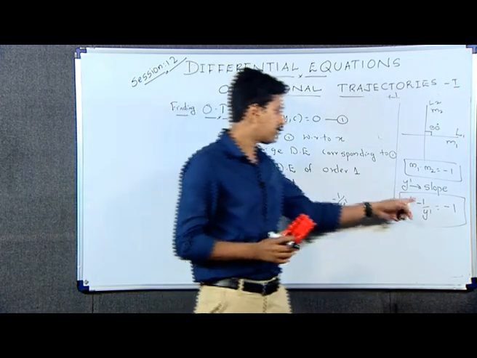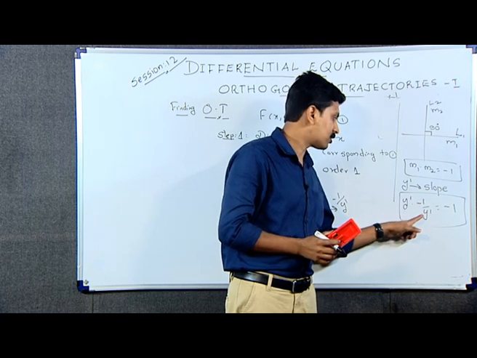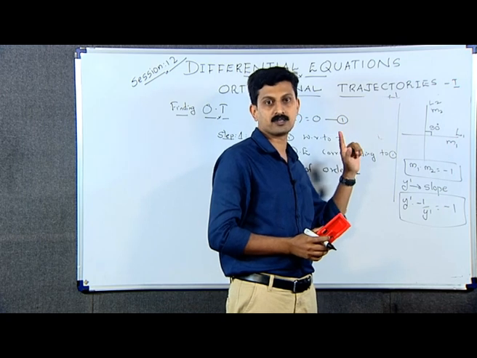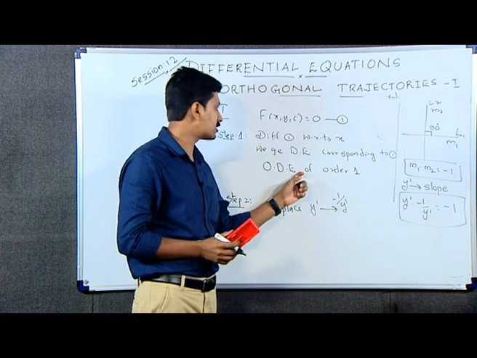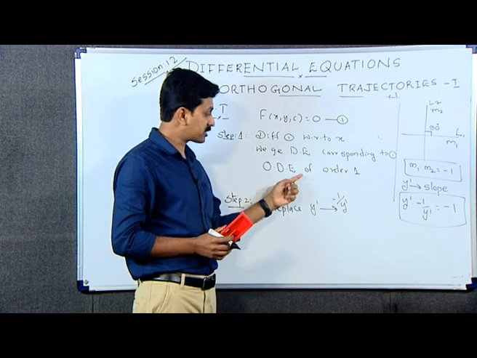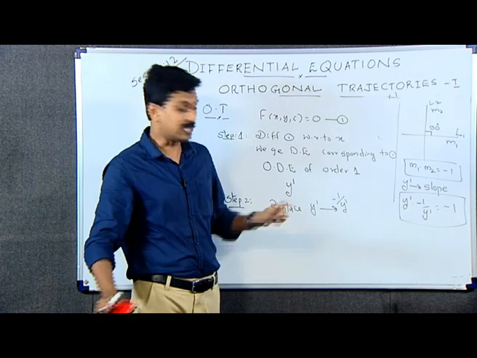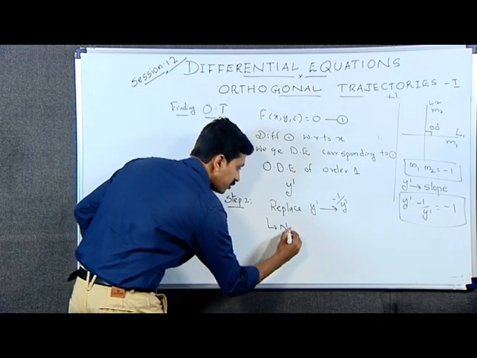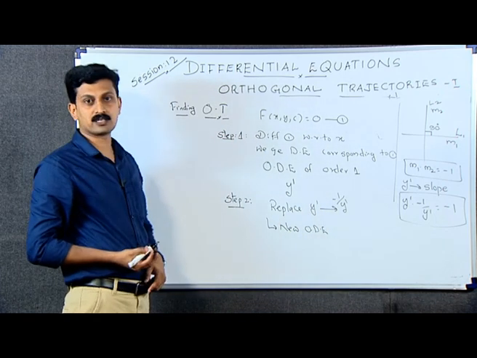Actually, we need to find a curve which is orthogonal to the given family of curves. That is why we are differentiating. We will have a differential equation corresponding to 1. We are changing y dash into minus 1 by y dash. That means we will have a new first order ordinary differential equation.